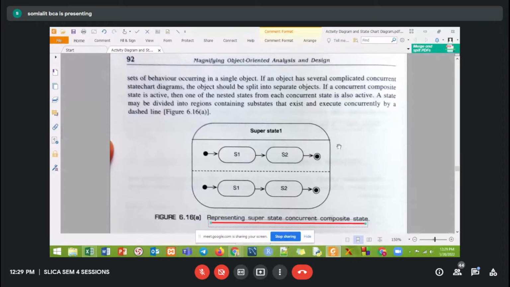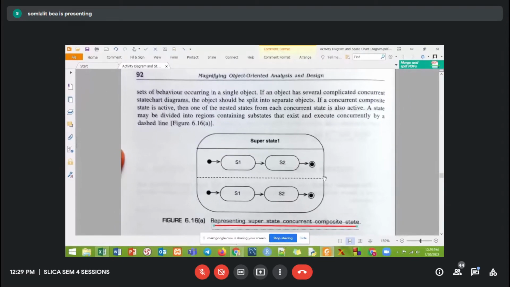Until these S1 and S2 and this S1 and S2 get finished, the whole super state cannot end. Getting an idea? So this super state will also have a beginning over here and an ending over here. Possible.